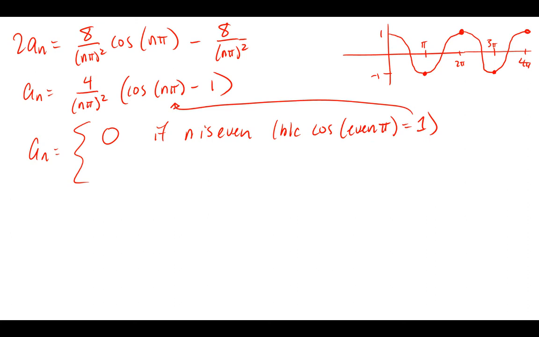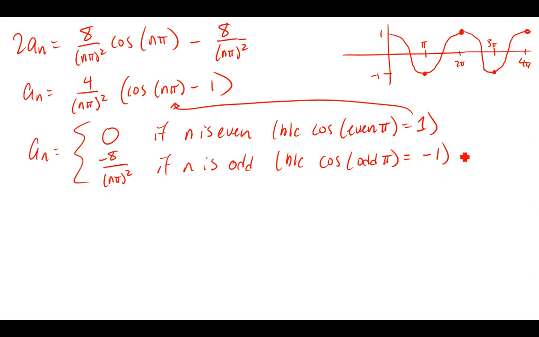Or, if n is odd, this is -1 right here, which means you get -2, which means you get -8, because cosine of an odd multiple of pi is -1. I'll draw a similar arrow so you know where I'm pointing you to.